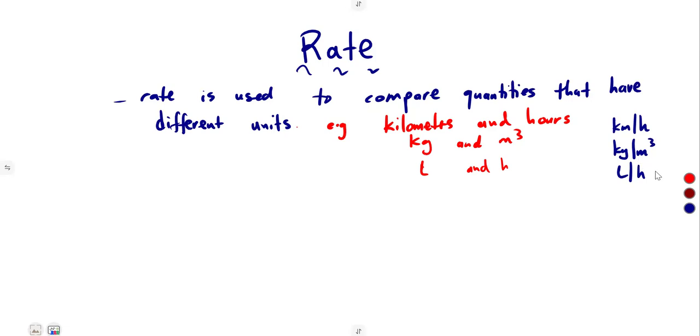So we use per for a comparison. The word per is simply used for comparison.